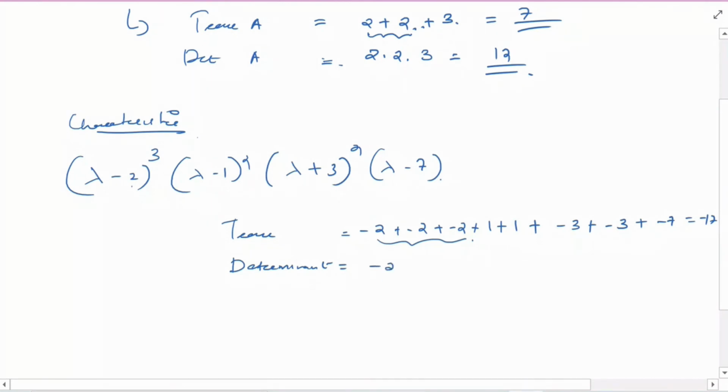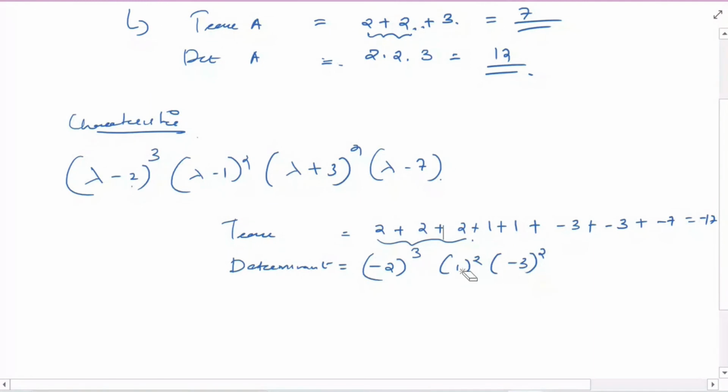And the determinant, what is the determinant? We have to multiply 2, minus 2 3 times. So minus 2 cube, minus 1 square, minus 3 square. Sorry, there is a mistake. It is not minus 2. It is plus 2. Yeah, okay. 2 plus 2 plus 2.